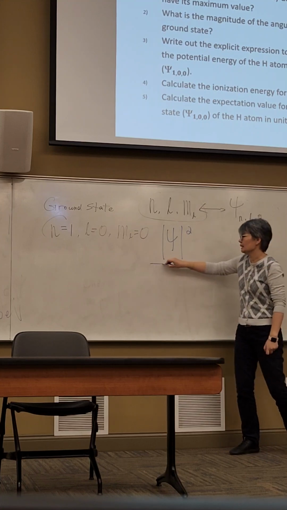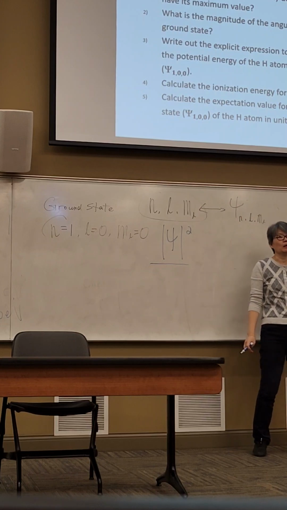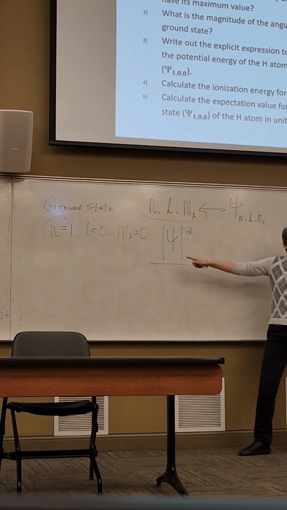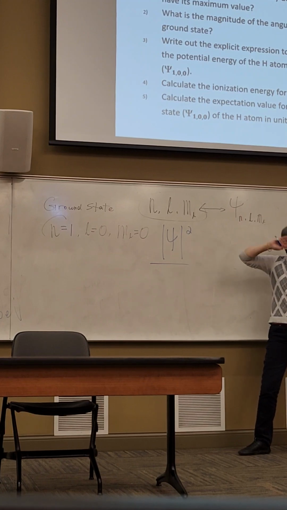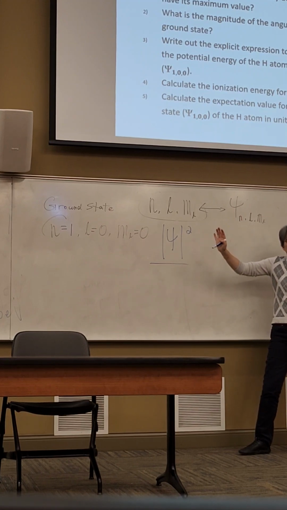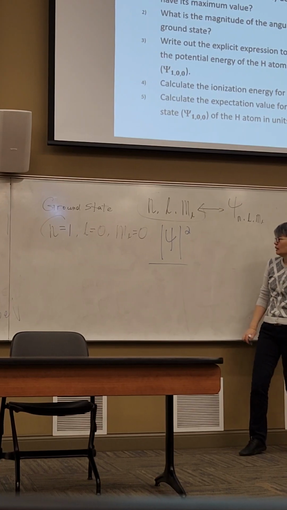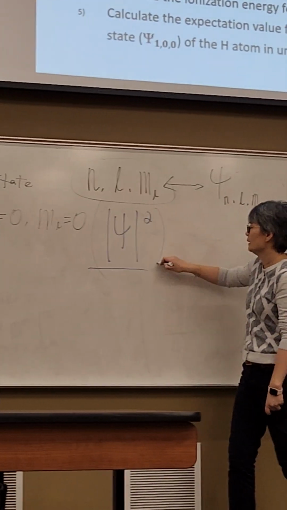Now immediately from quantum mechanics, I know the probability density is the square modulus of the wave function. That has nothing to do with the specific system right now, it's just a generic definition, right?